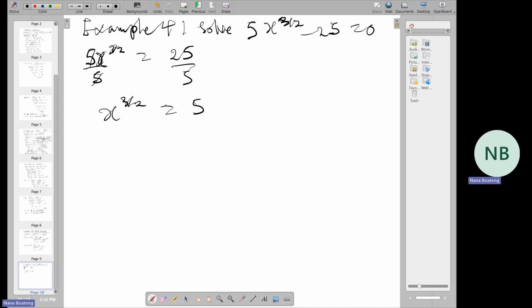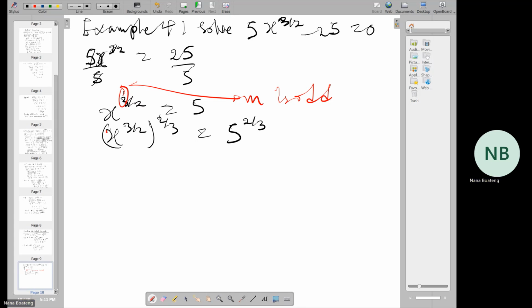And because m is odd, we have x power 3 divided by 2 times power 2 divided by 3 is equal to 5 power 2 divided by 3.